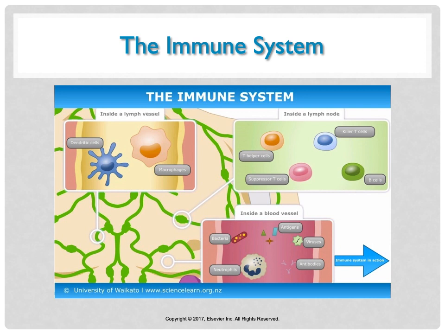And if they detect any pathogens or foreign substances within the body, they will ingest some of them. And the molecules of the pathogens, which are called antigens, will appear on the surface of the dendritic cell. The dendritic cell then leaves the site of the infection and moves to the nearest lymph node. And it stays there for about a week, and it displays the antigens to the T and B cells that move through the lymph nodes.